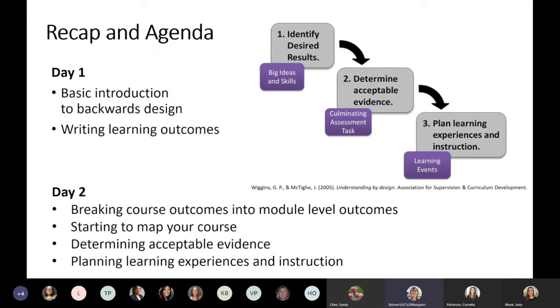And then with that in mind, starting to map the course out, and then thinking about how we will know what acceptable evidence looks like, what kinds of assessments might we consider. And we're actually going to go into that in more detail again on Friday, but this is just introducing the concept and then thinking about what kinds of learning experiences and instructions we're going to be introducing to our students.